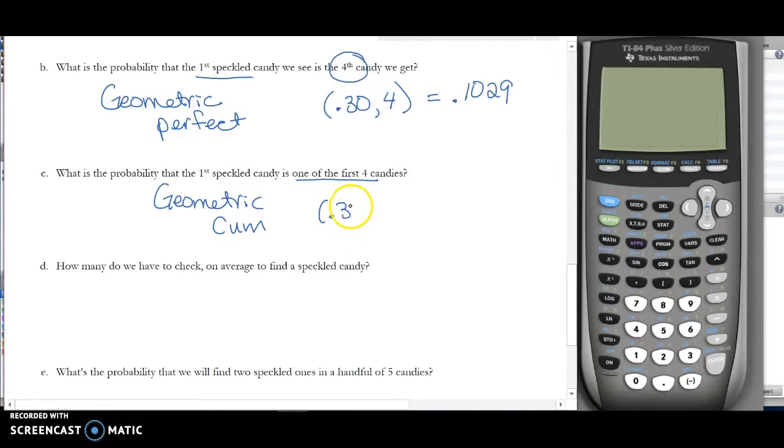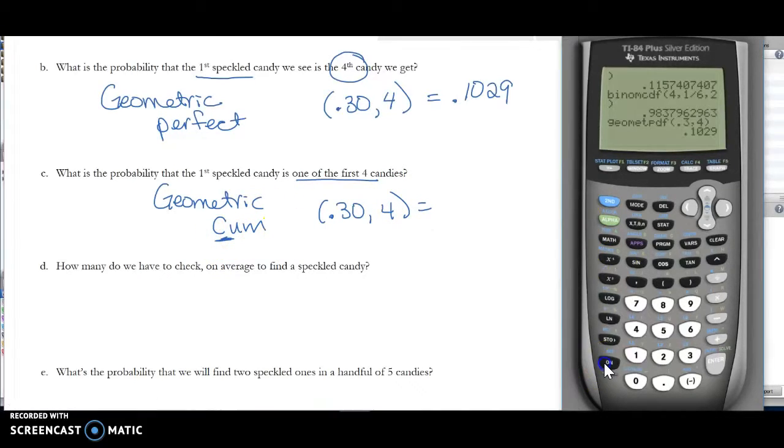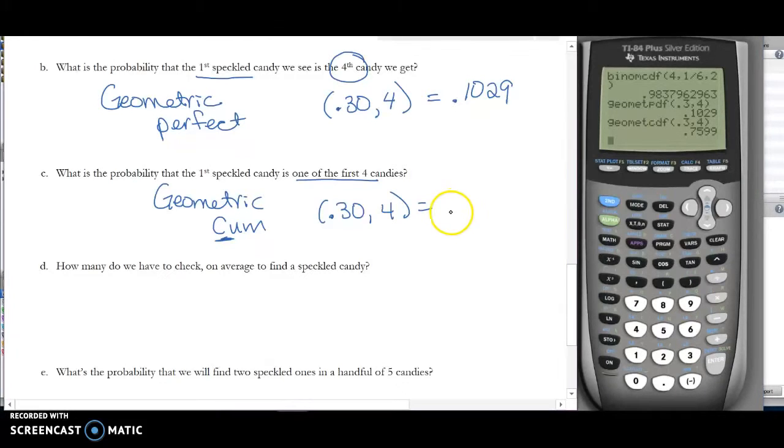It's still 0.30 and 4, but this time, because it's cumulative, I'm going to do the C. So second distribution, go find my cumulative, 0.3 and 4. So this time, about 76% of the time, I'm going to get a speckled one in the first four.